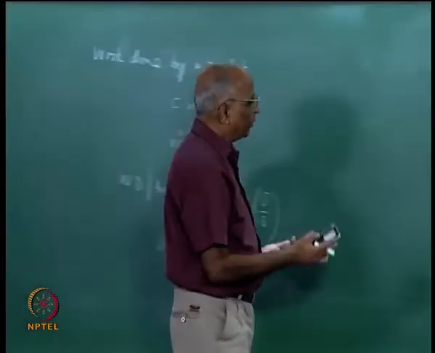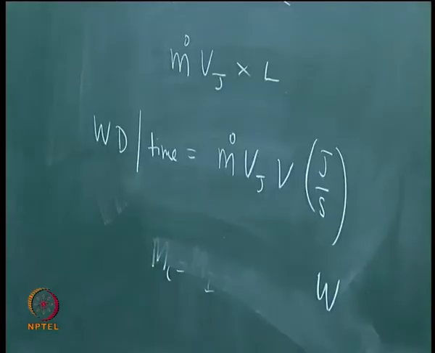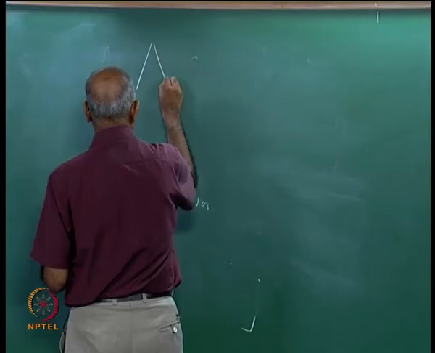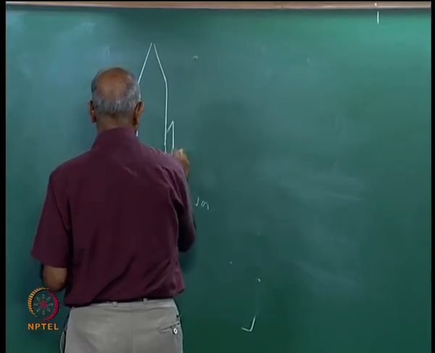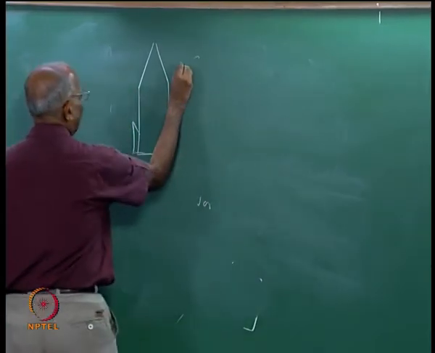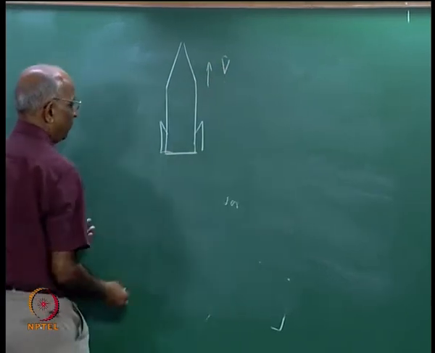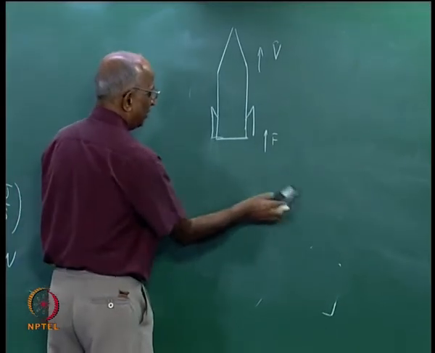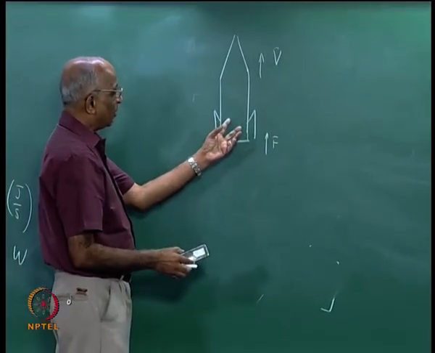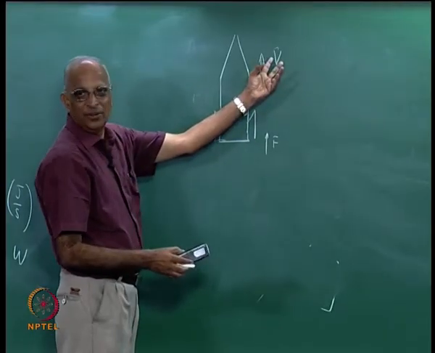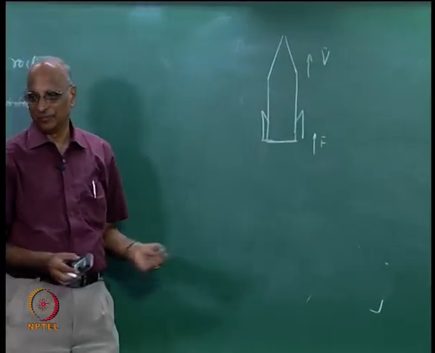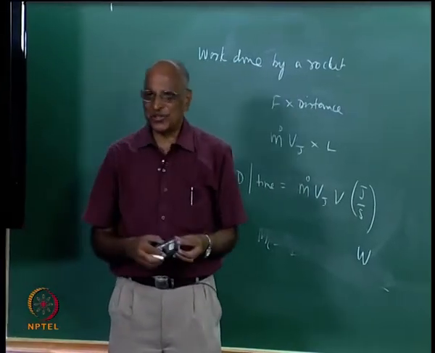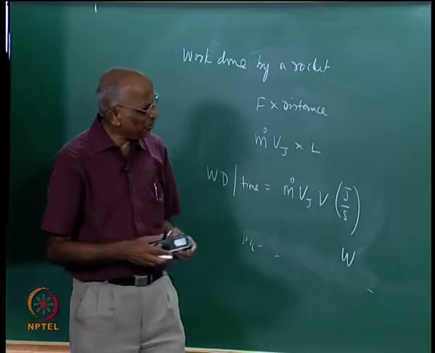Let us try to sketch this out. All what we are telling is, maybe I have a rocket going up, it goes with a velocity v, it is pushed up with a pressure force. Therefore, the useful work which is done by the rocket is the force into the velocity per unit time. Now, does it waste anything? What is the waste? How do I get the waste from it? Anything getting wasted?